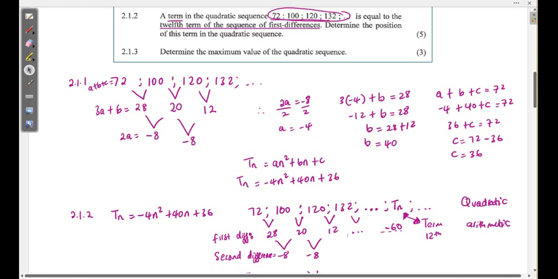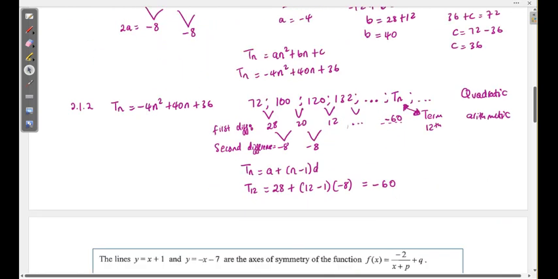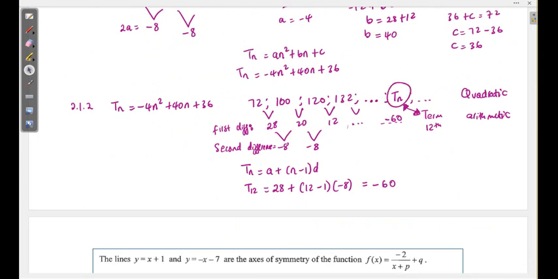They told us that a term in the quadratic is equal to that 12th term, meaning there is a certain term in the quadratic which is equal to that 12th term of the first differences. Which means we're going to say negative 60 is equal to negative 4n squared plus 40n plus 36. This means that as you go along the quadratic, there is actually a negative 60 here. We just don't know its position.